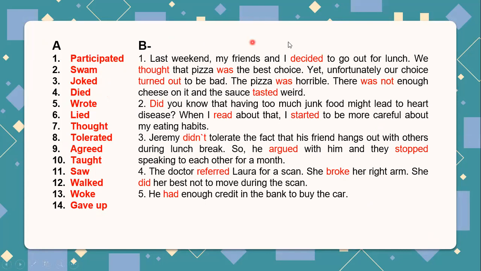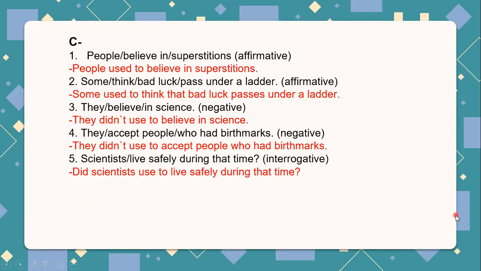Then part B also, we changed all these verbs to the correct form in the past simple tense. Also here, part C, you have them all solved. As I said, you need to write people used to do this, and you need to write it in the correct form, whether it's in the affirmative, negative, or interrogative.